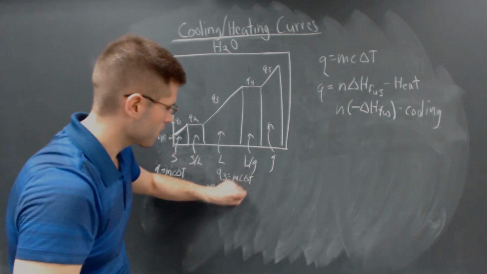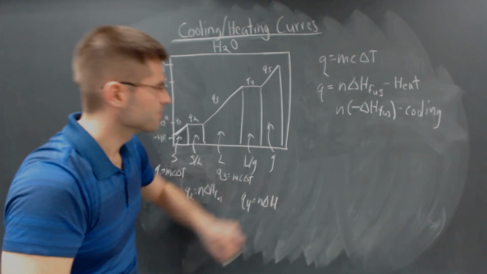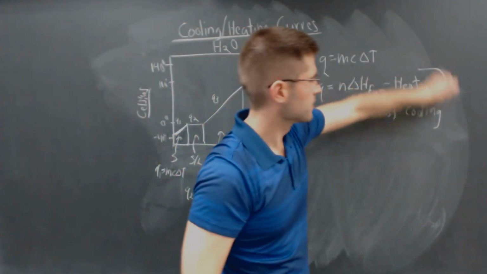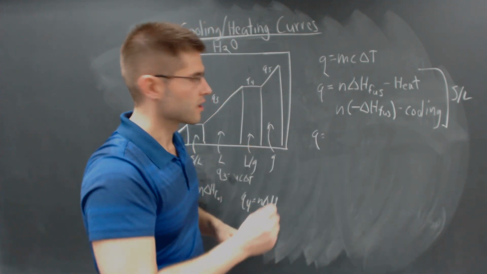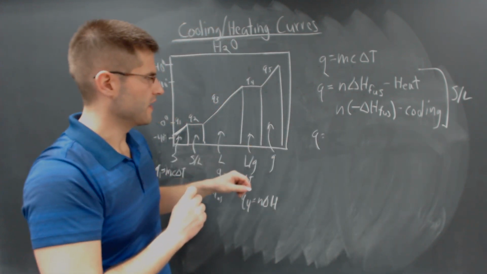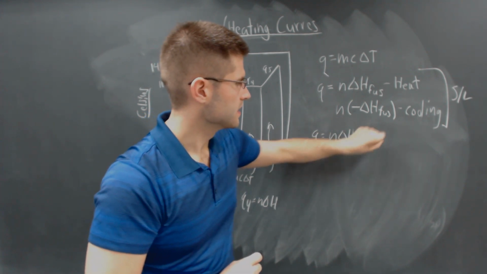So for Q4, we're going to have to use n delta H. This was for solid liquid phase. For gas liquid phase, we're going to use n delta H vaporization. This is for heat.